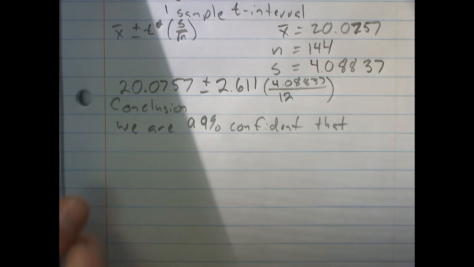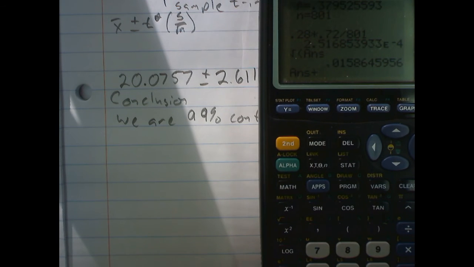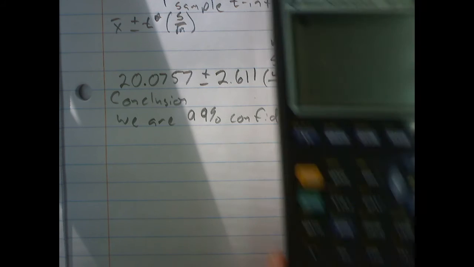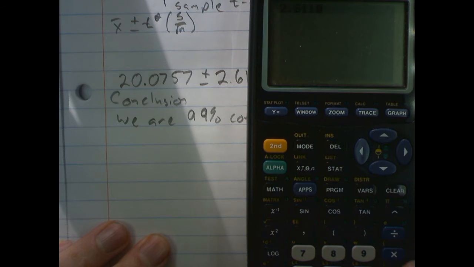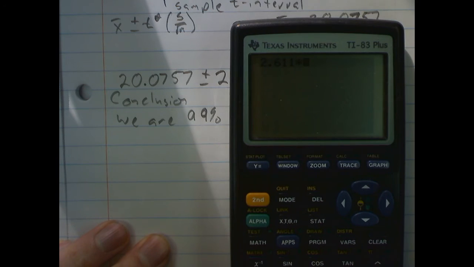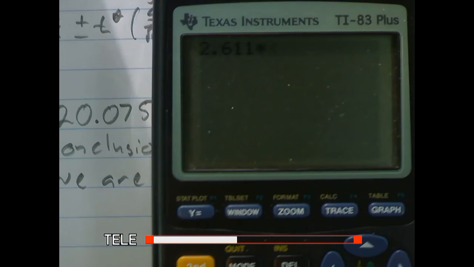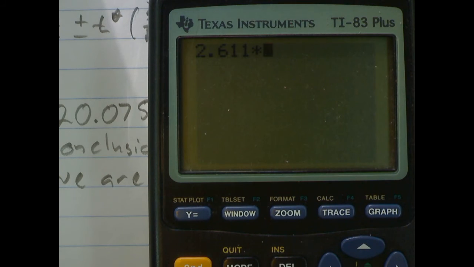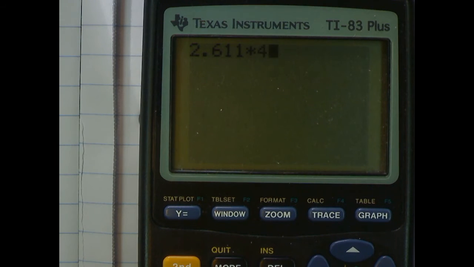So let's see now, 2.611 times 4.08837 over 12. Okay, so this is our margin of error, 0.889.